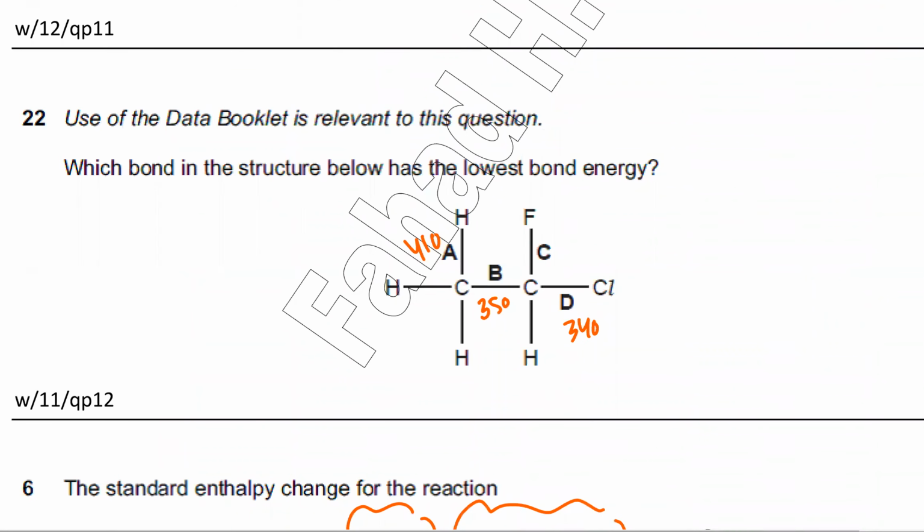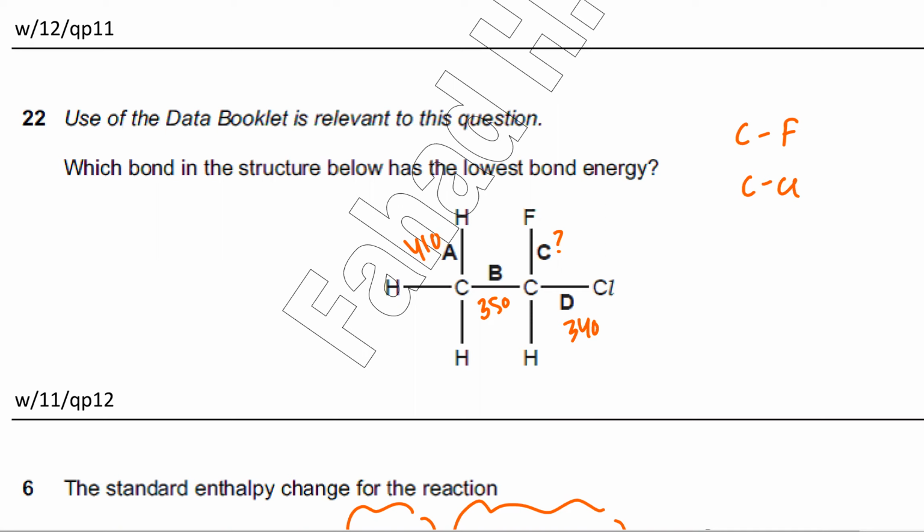So the question is, what would be the approximate value for this one? I can't compare this one with the C-C and C-H bond, but I can compare it with the C-Cl. So which one would be stronger? Is it going to be C-F or C-Cl? Which one is the smaller atom? What's the answer?